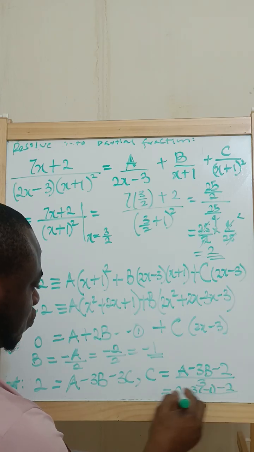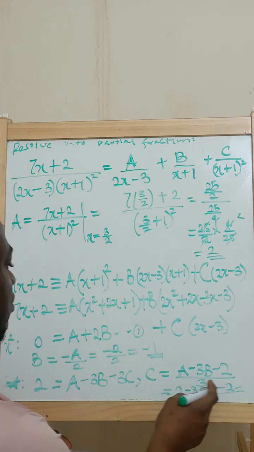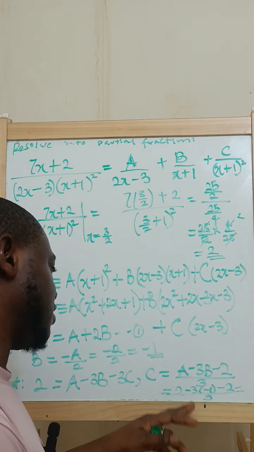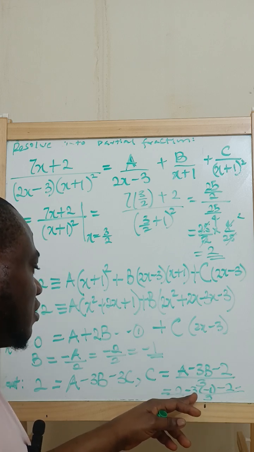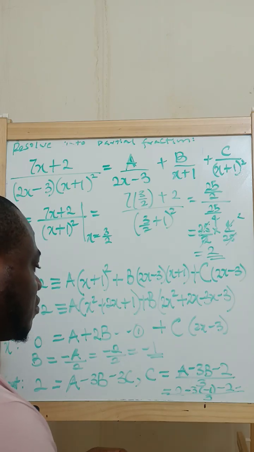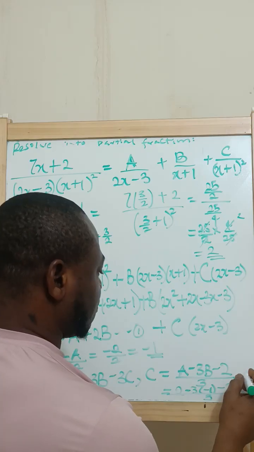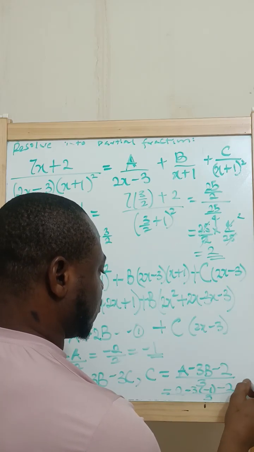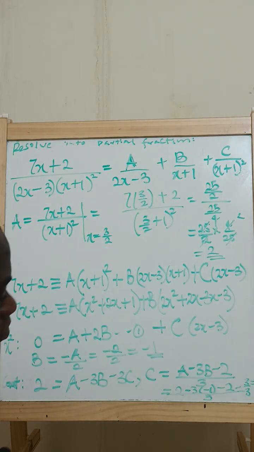So 2 plus 3, that is 5, and 5 minus 2 is 3, and 3 over 3 is 1. So we have gotten C to be 1.